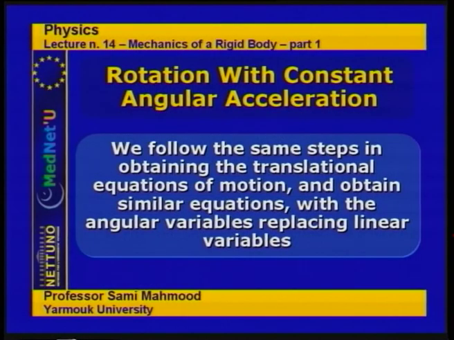Now we arrive at the point where we can apply these definitions to the case of motion or rotational motion with a constant angular acceleration. As we have done, we follow exactly the same steps that we followed in deriving the equations of motion for a particle translating along the x-axis.